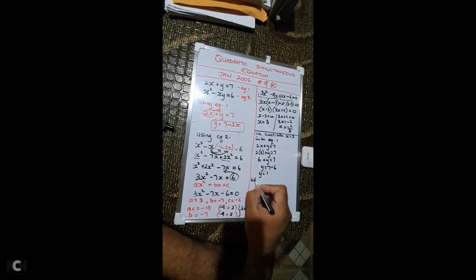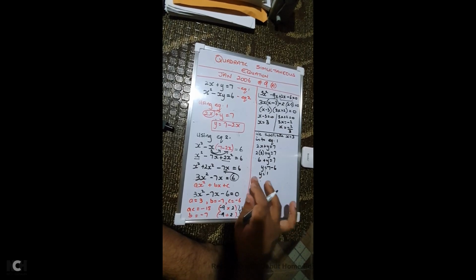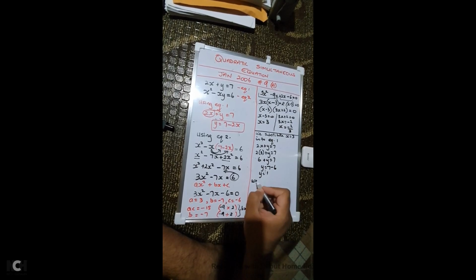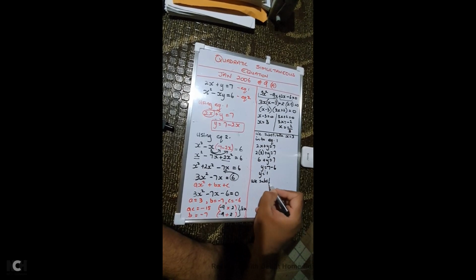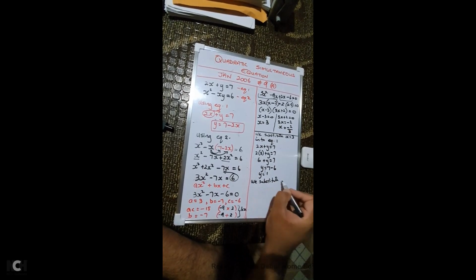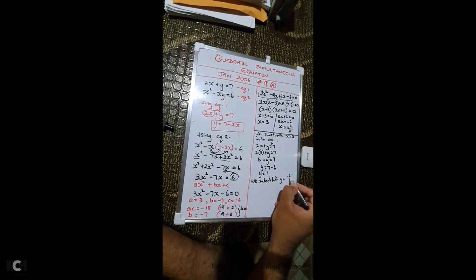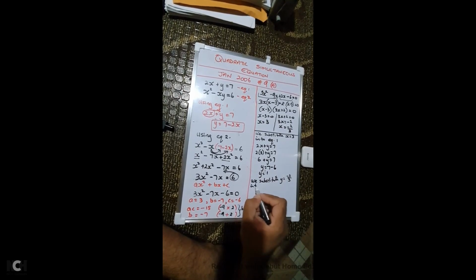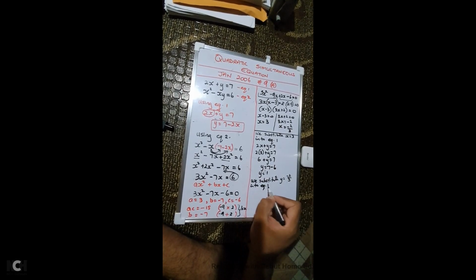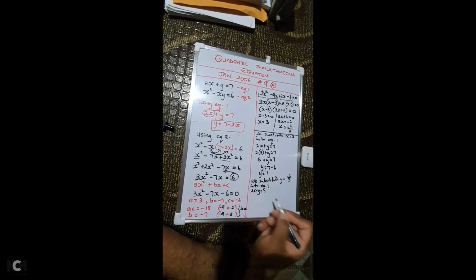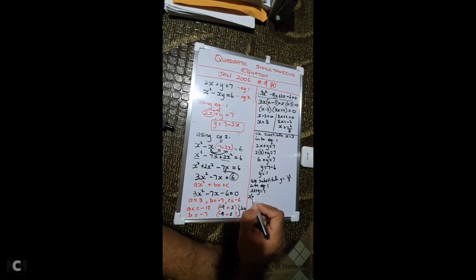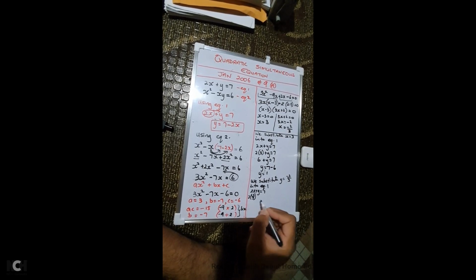Now we say, sorry, we substitute x is equal to negative 2 over 3 into equation 1, which is 2x plus y is equal to 7. So 2 into negative 2 over 3 plus y is equal to 7.